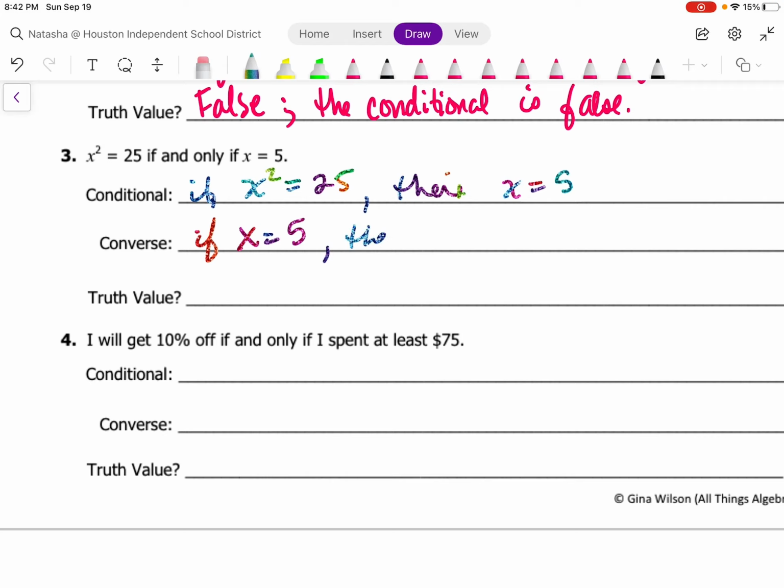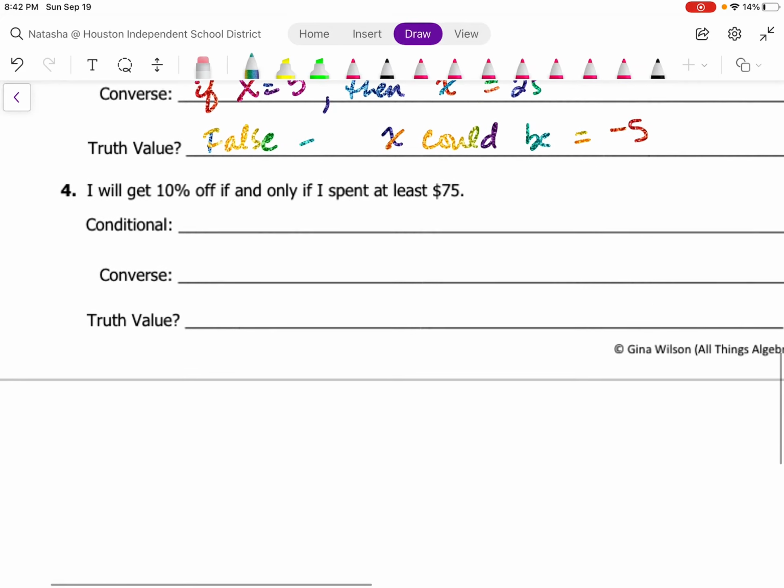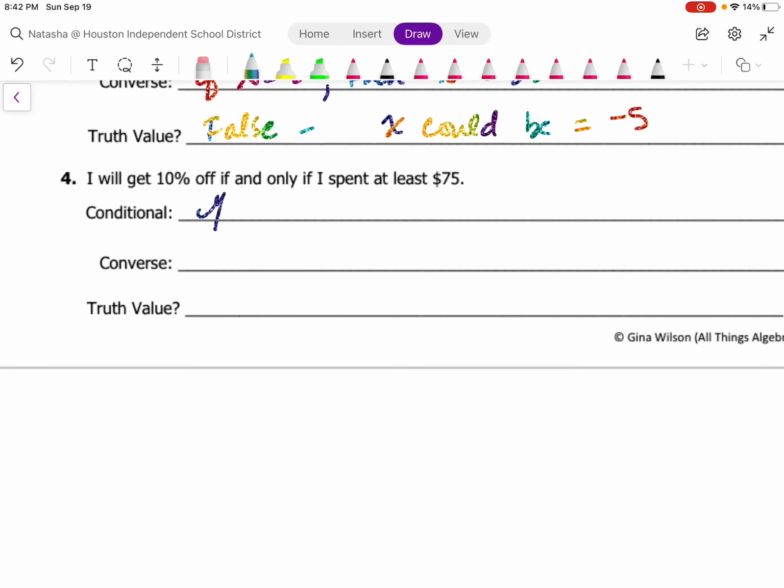The converse: if x is equal to 5, then x squared is equal to 25. This is a false statement. The conditional is false. A counterexample would be x equal to -5.